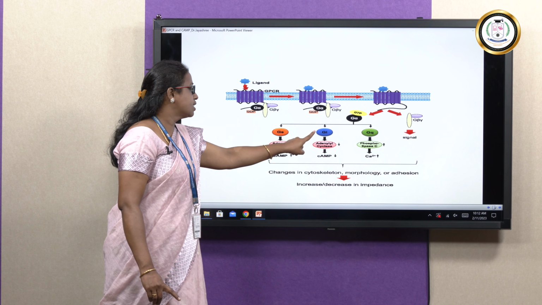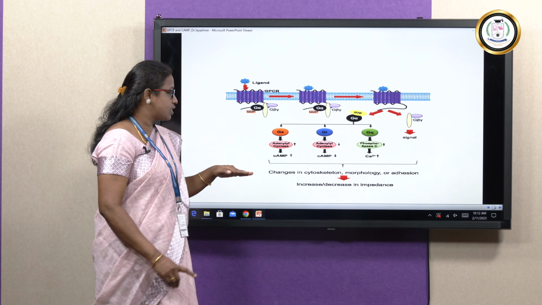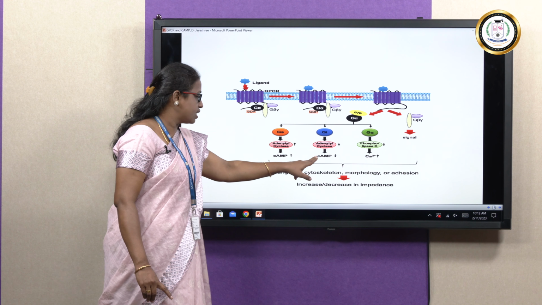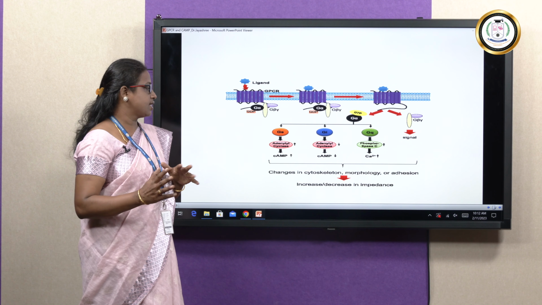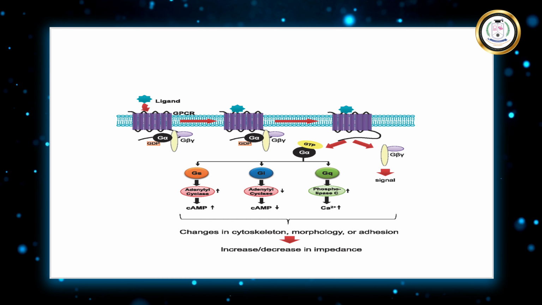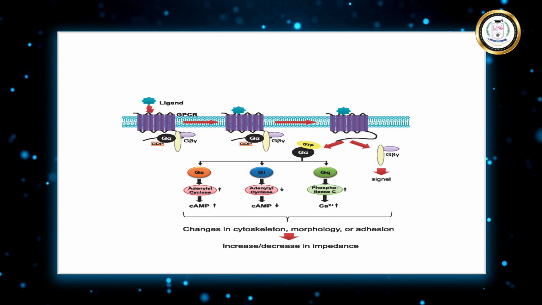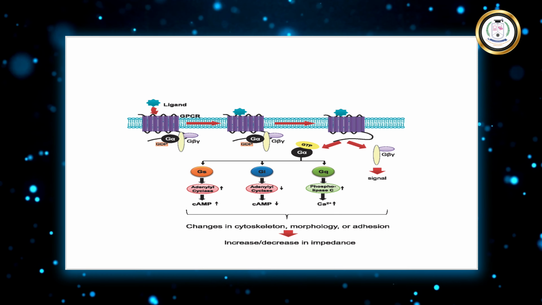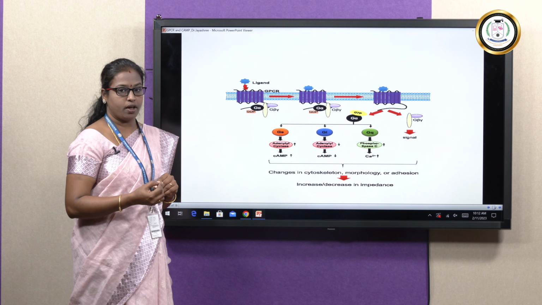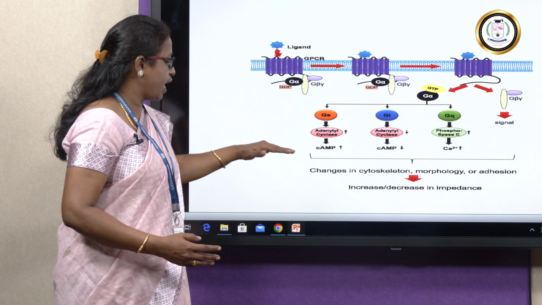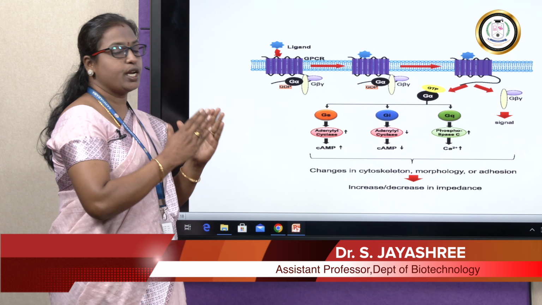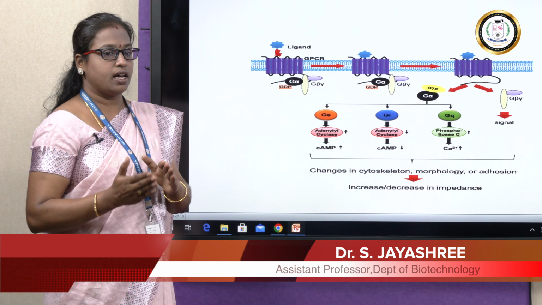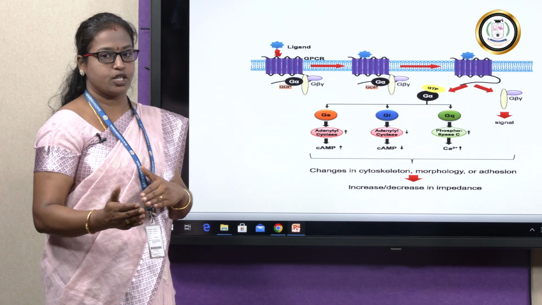Gi will reduce or stop the adenylyl cyclase enzyme, so it will control cyclic AMP production in a cell. Gq will go and activate the phospholipase C enzyme, which leads to the production of calcium ions in the cell. So this cAMP and calcium act as secondary messengers. These secondary messengers give further instructions to the intracellular process.